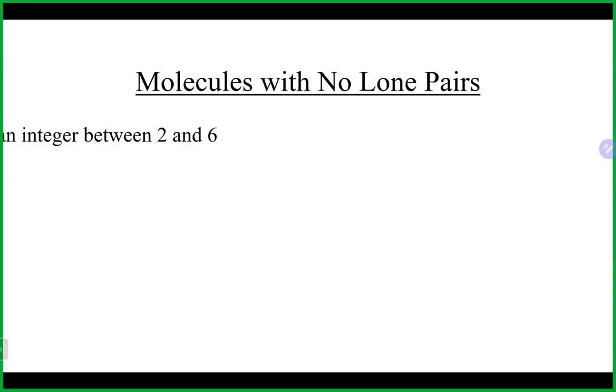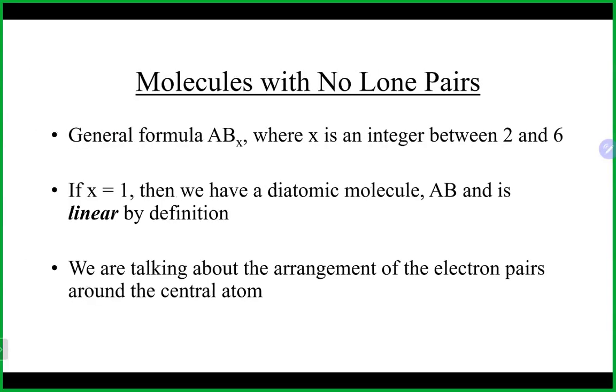So let's take a look at really the simplest type of geometry that you could have. And if you don't like the X's and the A's, don't even worry about it. But the simplest geometry you could have comes about with our diatomic molecules.